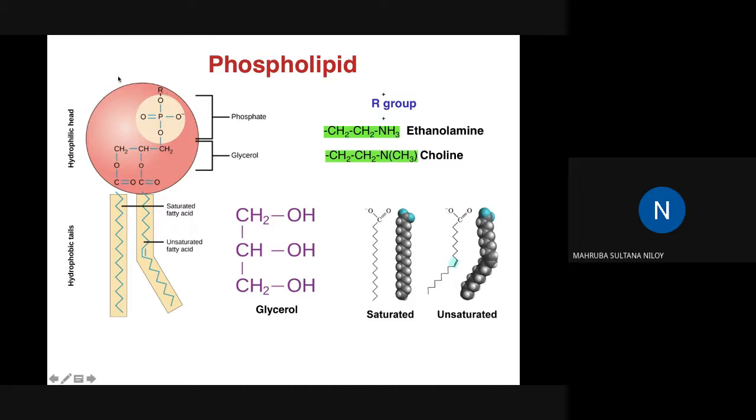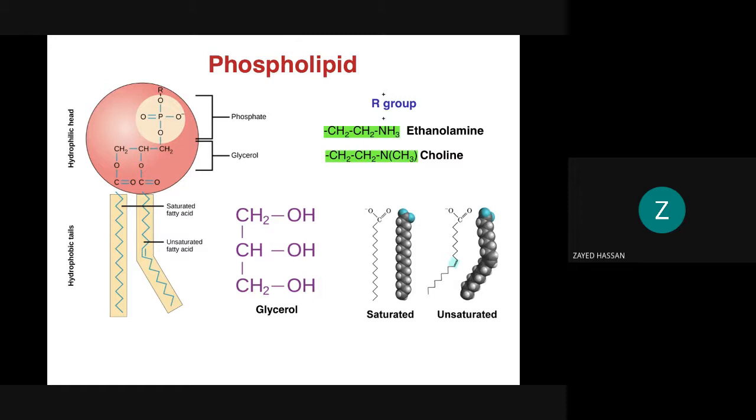So can anyone tell me the composition of the head group now? What the head group carries? The head group carries a phosphate group attached with an R group, while the R group can be an ethanolamine or choline, also attached with glycerol. They are responsible for attracting water.